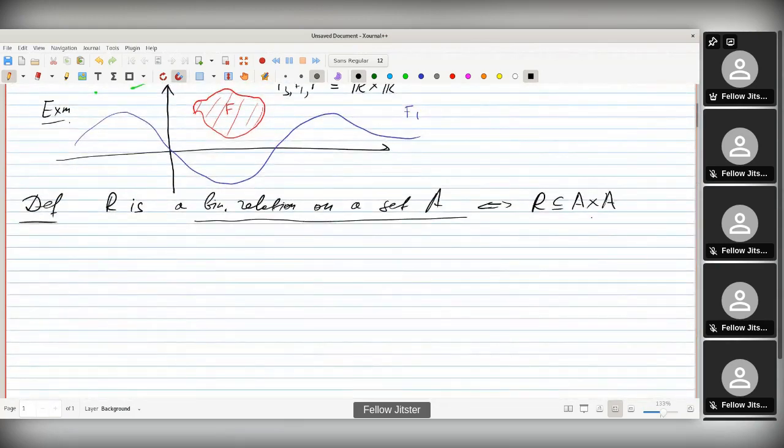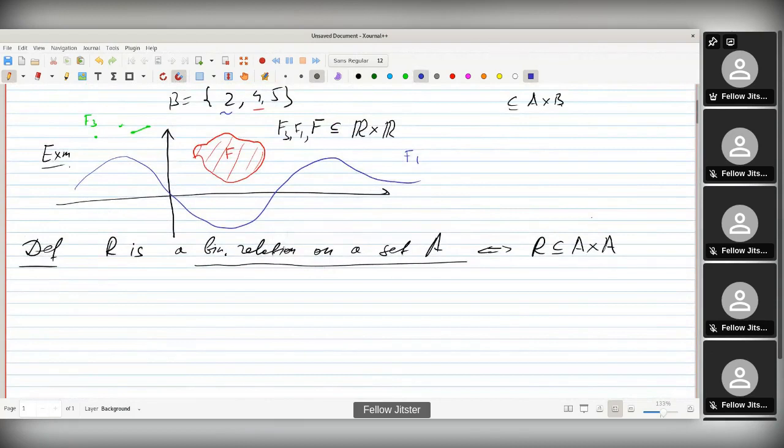So that means that one can call these geometric figures binary relations on R, on the set of real numbers.